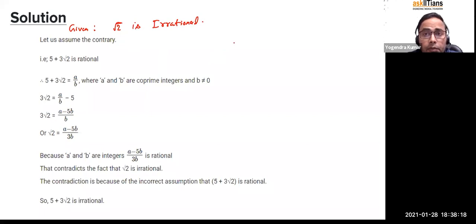And you need to remember one more very important thing. An irrational number will never be equal to a rational number. You need to remember this. Irrational numbers are never equal to a rational number. It is never possible.